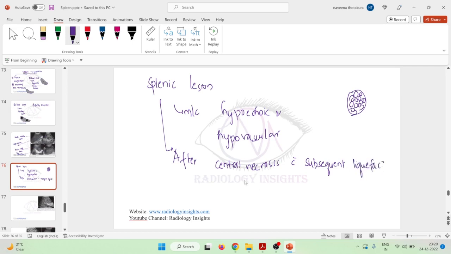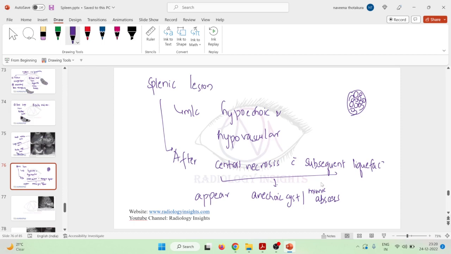At this stage, these lesions appear as an anechoic cyst, or they might mimic an abscess.